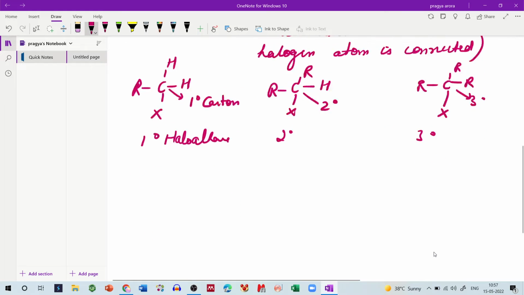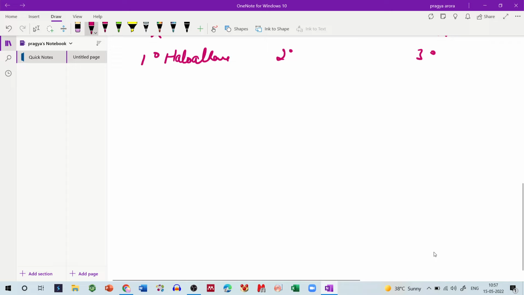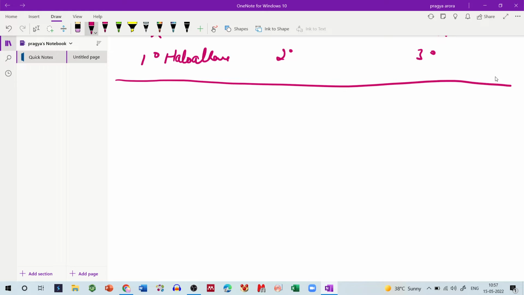So now we'll move on to the reactions in organic chemistry generally. Before moving ahead, we'll discuss the reactions in organic chemistry. Generally, we can classify reactions depending upon the reaction conditions and the attacking reagents.